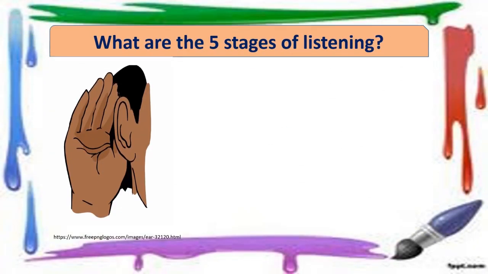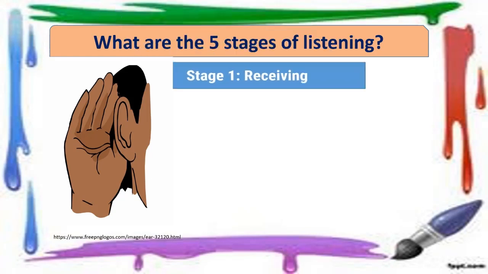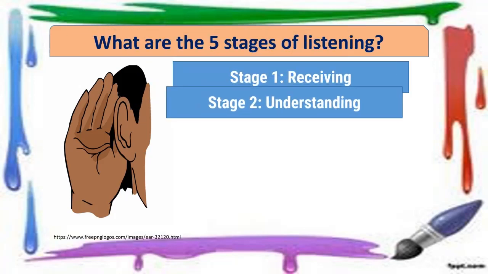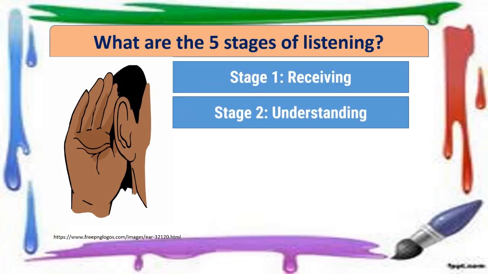What are the 5 stages of listening? Stage 1 is receiving. At this stage, we hear the message. But sometimes there are many reasons that we may not receive the exact message due to listening barriers. Next is understanding.